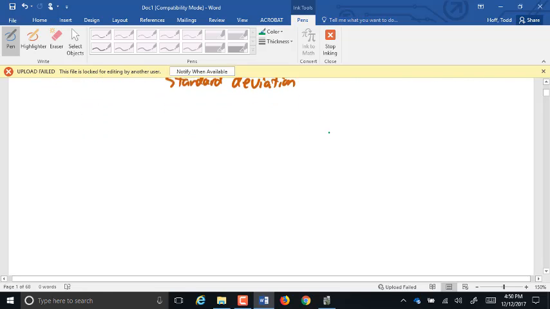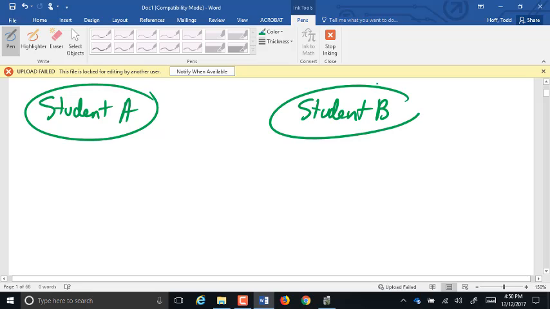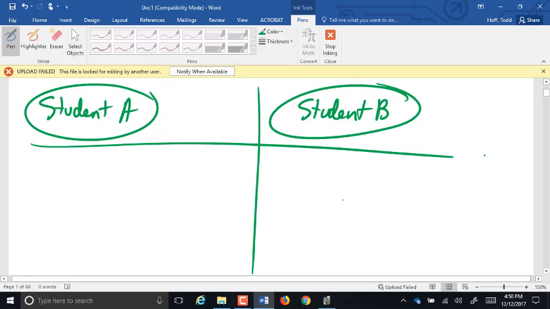For example, let's say that you have two students. We'll go student A and student B. That is the level of my creativity at this point in the evening. Student A took the ACT, and on the ACT scored a 29.